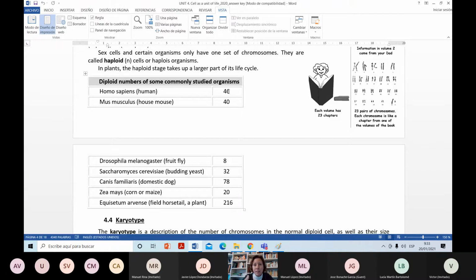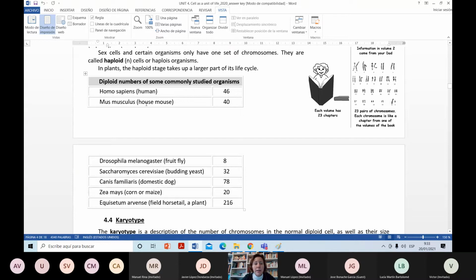So cells in the testicles, cells in the ovaries, they have 46 chromosomes. The only exception is not the gonad, but the gamete. So the sperm cells and the ovules will have 23 chromosomes. But the rest of the cells in your body contain 46 chromosomes, all of them.